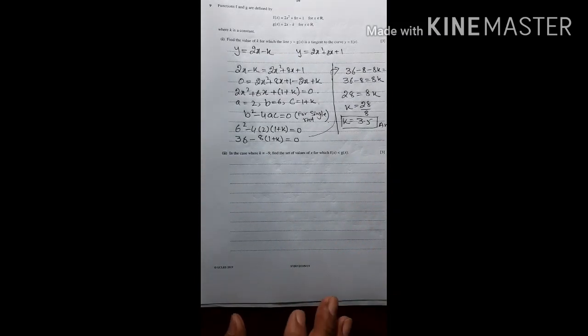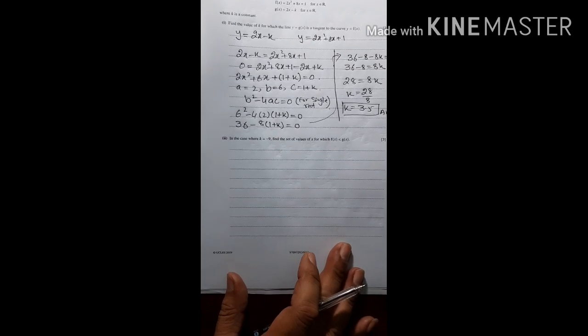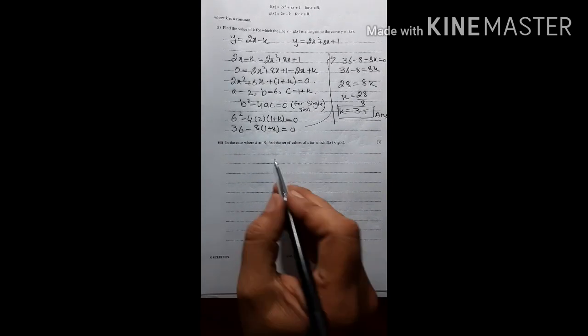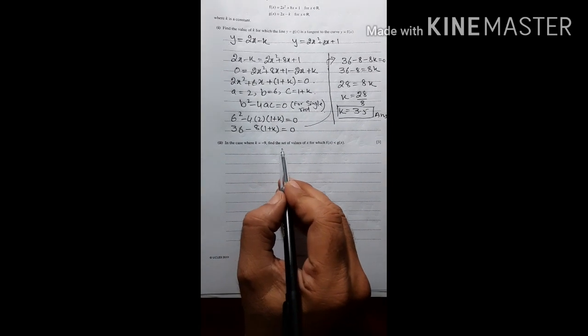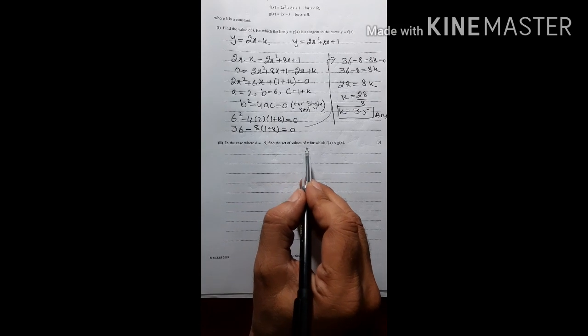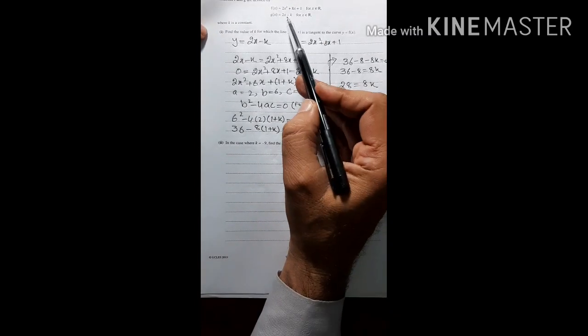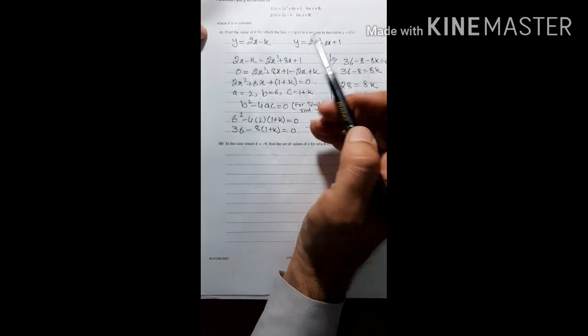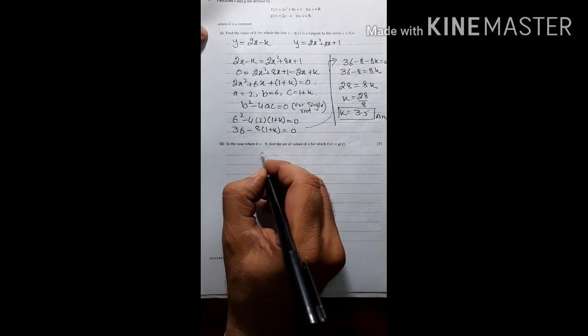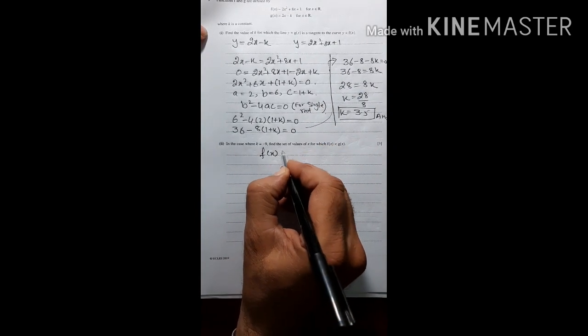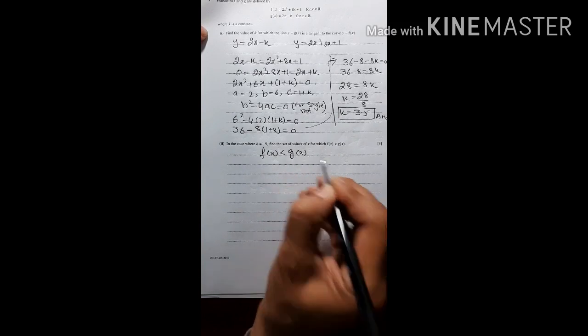Now, in case where k is minus 9, find the set of values of x for which fx is less than gx. So don't forget to put the value of k minus 9 here. fx is less than gx.